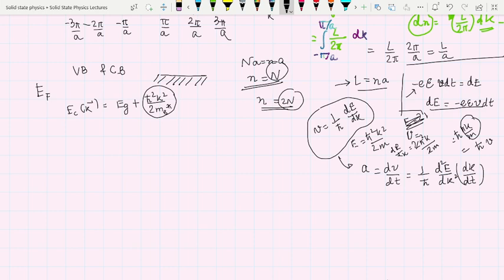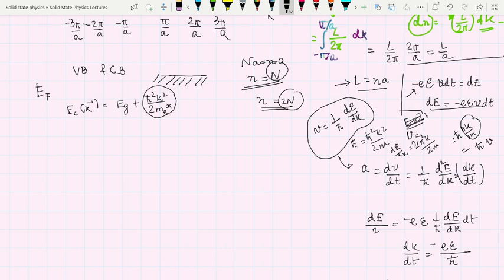So we can place the value of v here. What is this? (1/ħ) dE/dk. So dE in the left hand side, eE, v is (1/ħ) dE/dk into dt. dE we can cancel out, so dk/dt is obtained as eE/ħ, and a negative sign appears here.